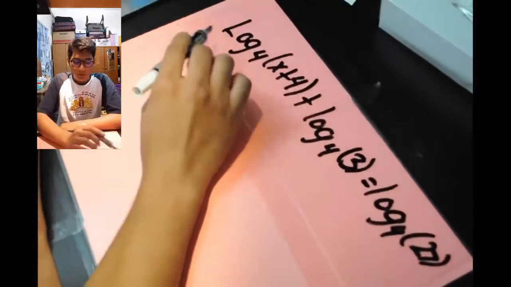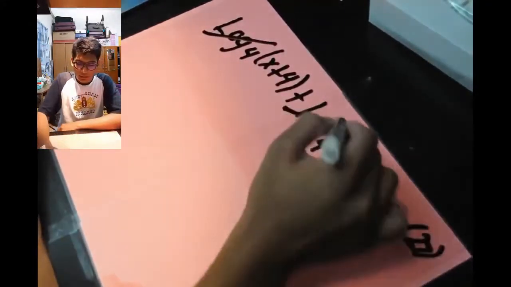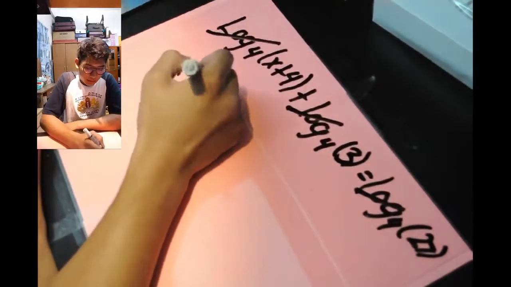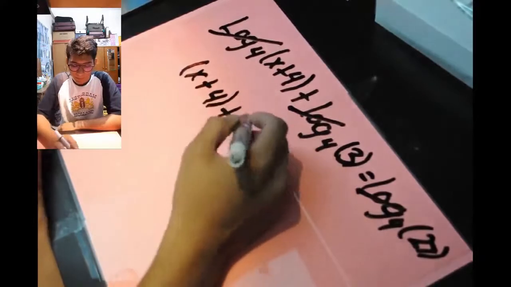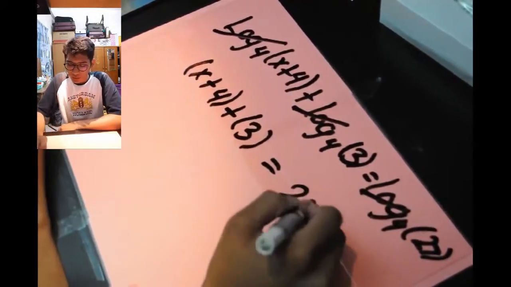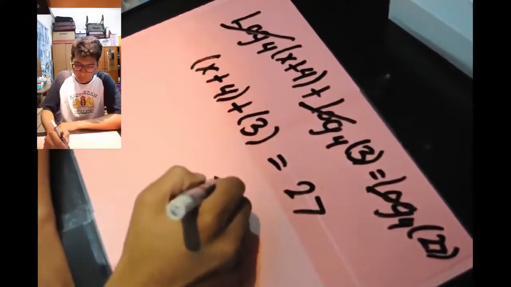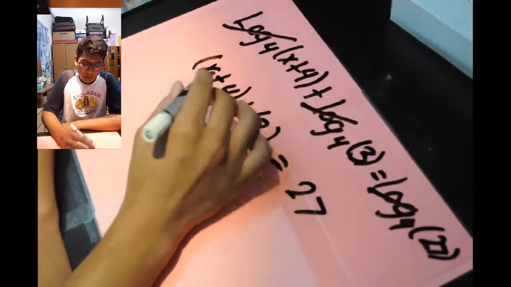Since we have log base 4 all on the same side, we have to cancel those out. We'll be left with x plus 4, and then 3 equals 27. Combine like terms. So, before that, you have to distribute.